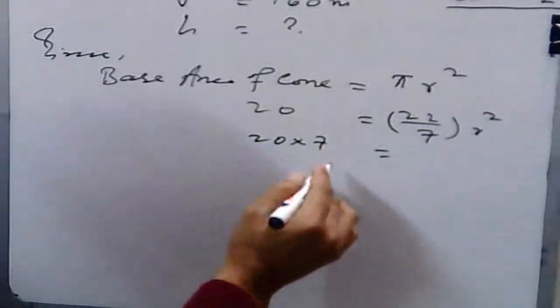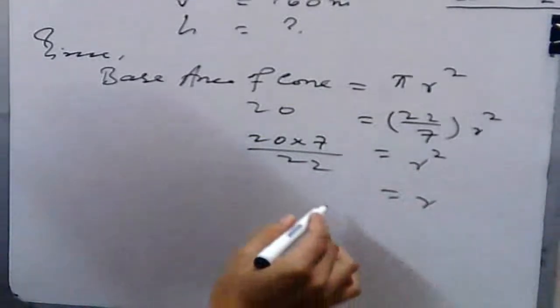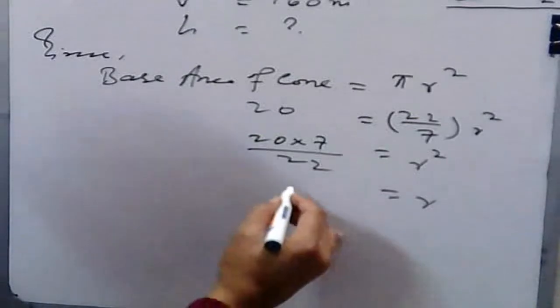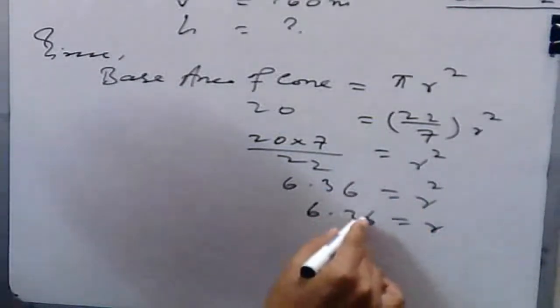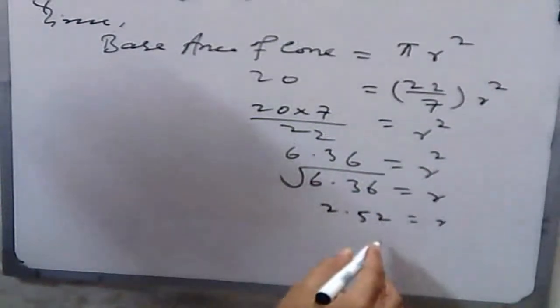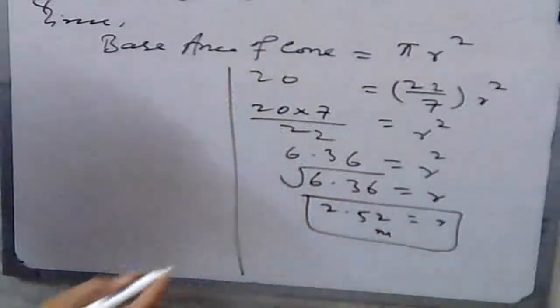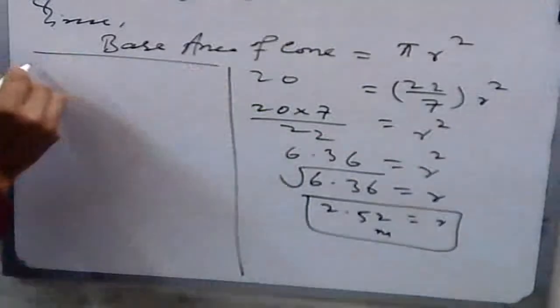By cross multiplication, 20 into 7 divided by 22. You need r square, but we need r. So after simplification you can get 6.36, and the square root of 6.36, so the value of r is 2.52 meter.